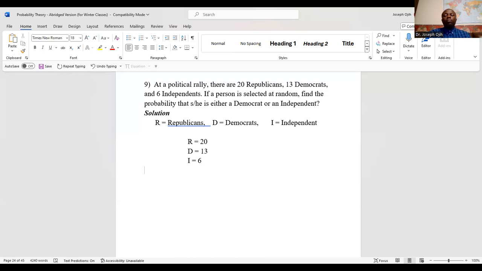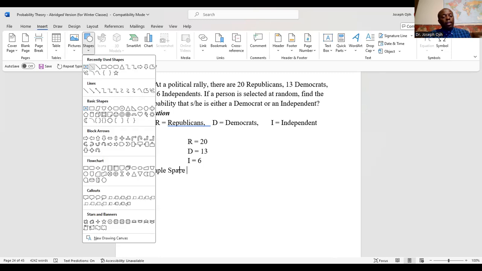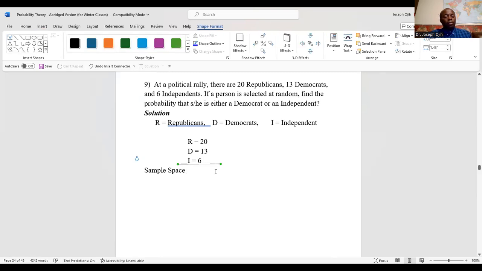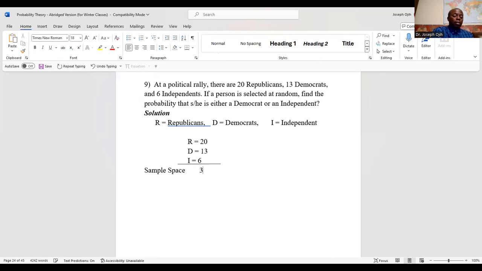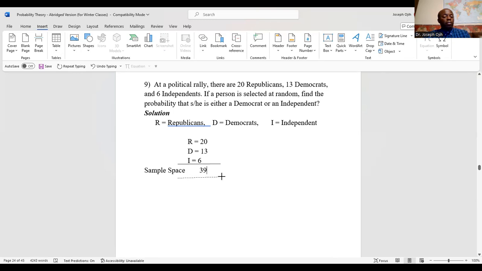So the total, 20 plus 13 is 33, plus 6 is 39. So that's the sample space. It's going to be 39. With that, we are able to answer the question. You break it down in this fashion, then you can begin work on it.